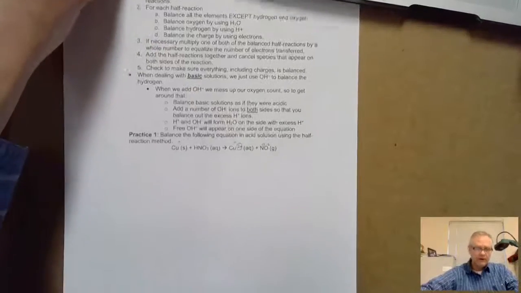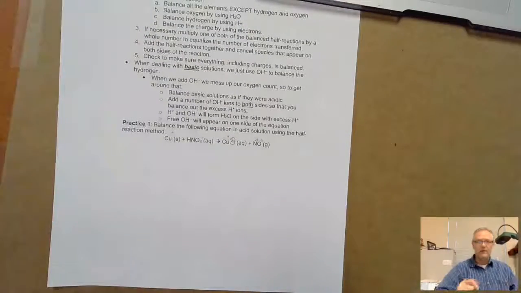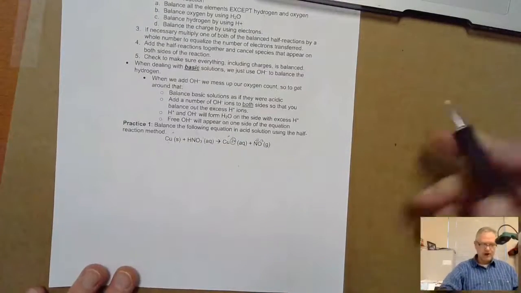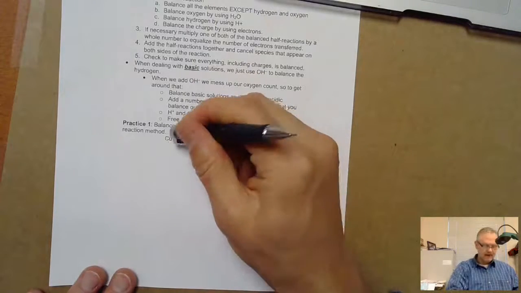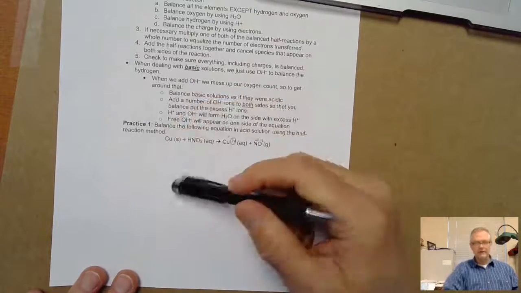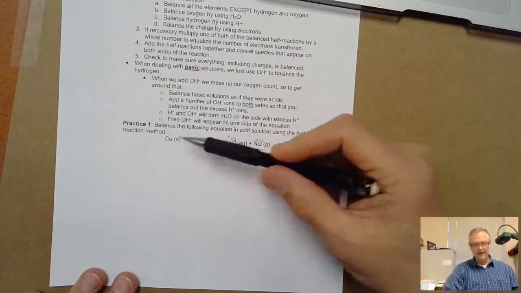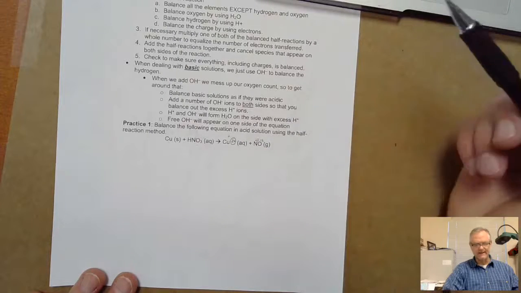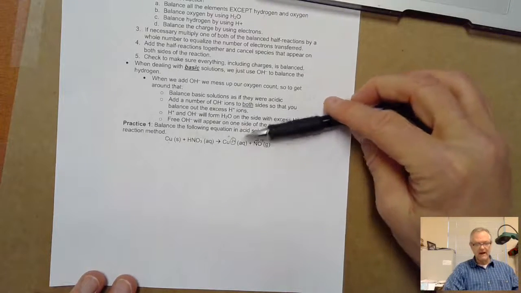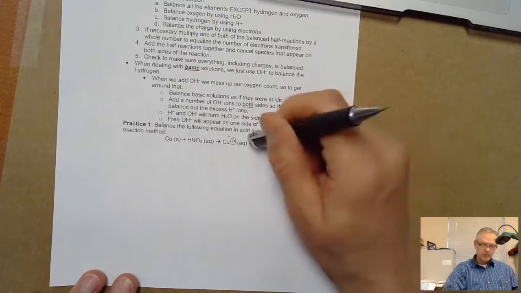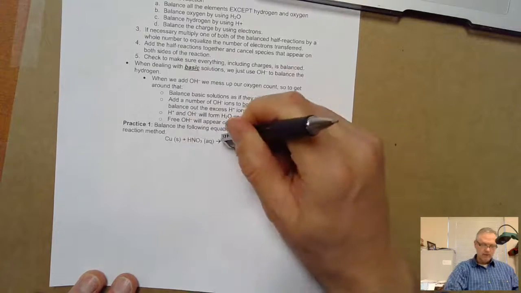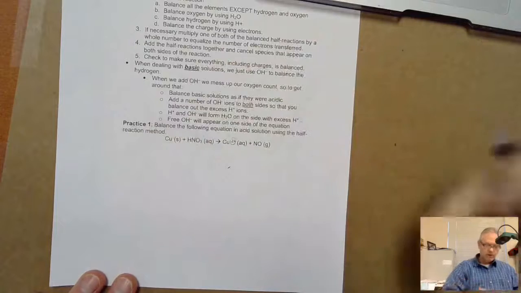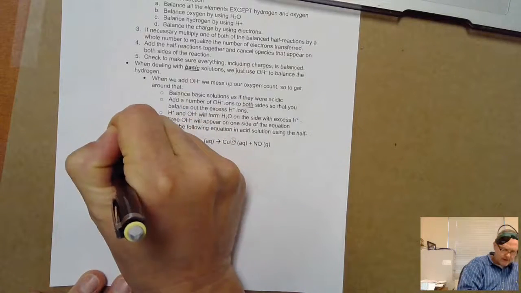So let me get started and show you how we can balance one of these reactions. You can see that I have a reaction of solid copper mixed with nitric acid, and it yields a copper ion and nitrogen monoxide. So I'm going to write out my two half reactions.